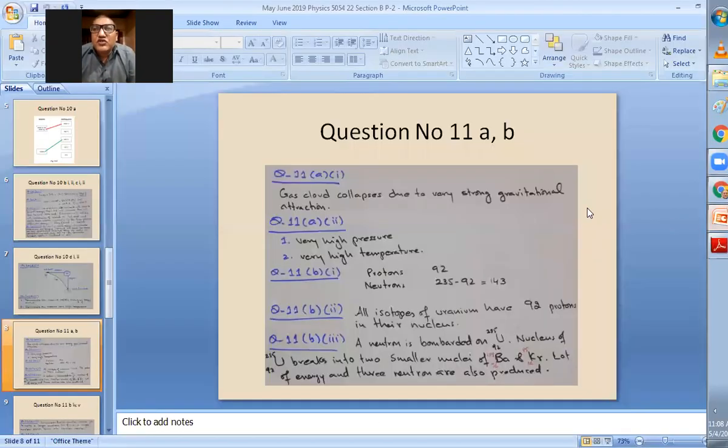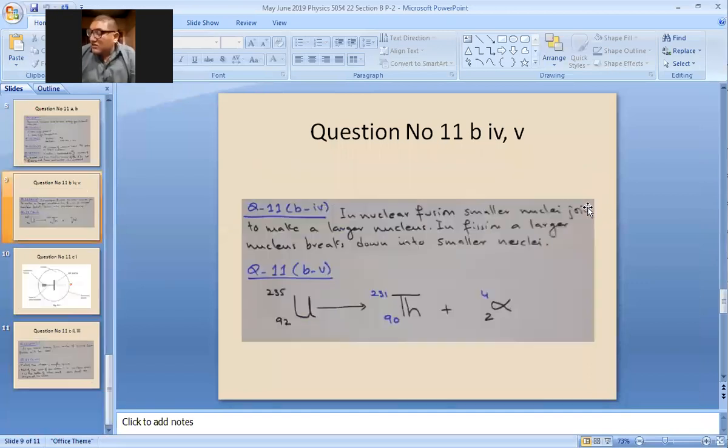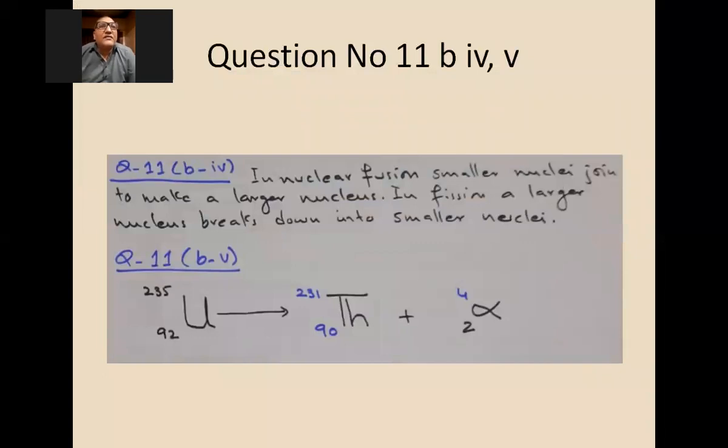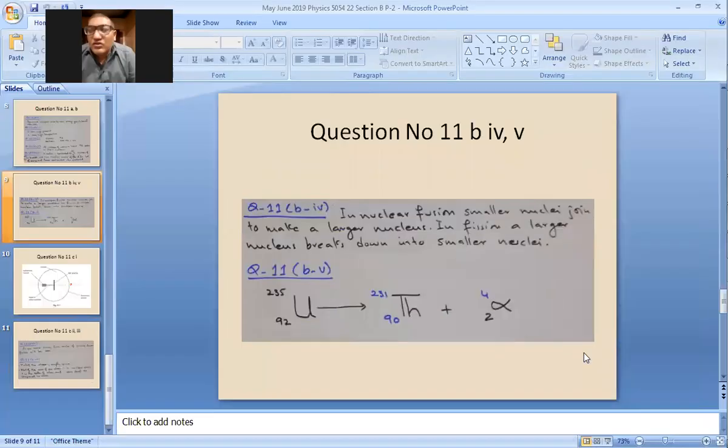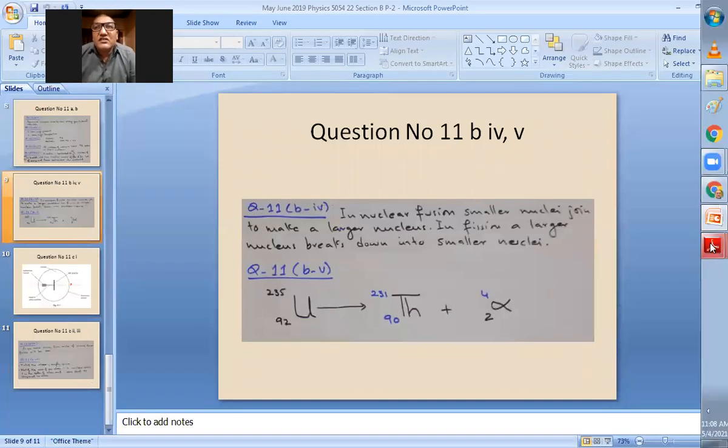So let me show you my answer. So here we have, in nuclear fusion, smaller nuclei join to make a larger nucleus. In fission, a larger nucleus breaks down into smaller nuclei. So that's the answer. So let's move to the next part.